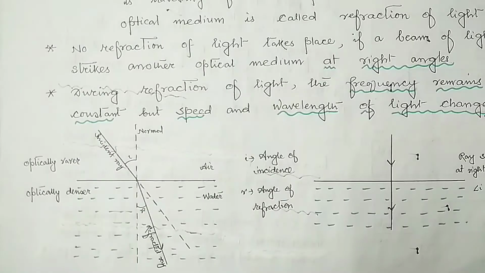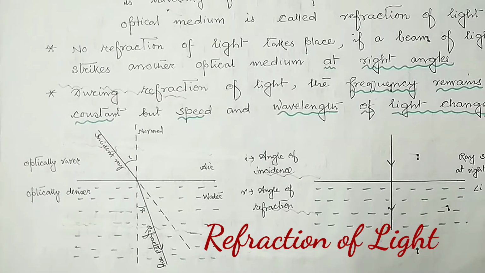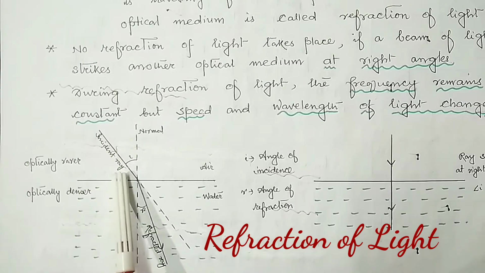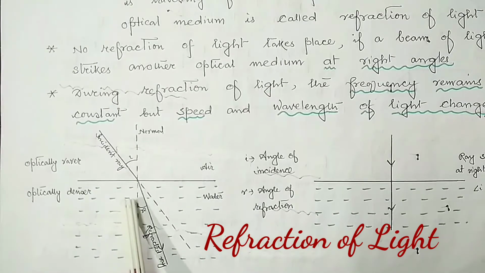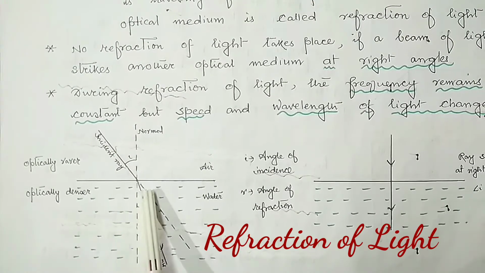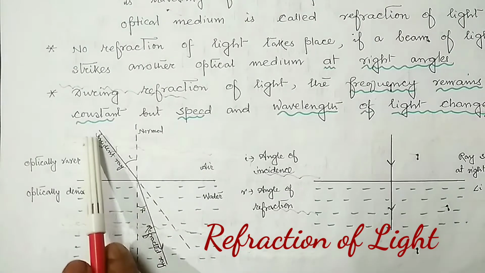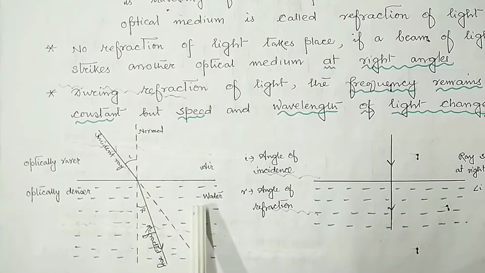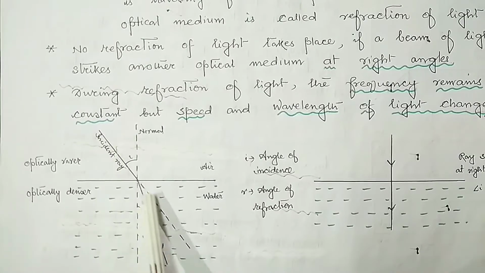Now what is refraction of light? Already I have given you a practical demonstration. Now you can see when a ray of light moves in one transparent medium and enters another transparent medium of different optical density, then it deviates from its path. You can see here this ray is moving in air. Once it enters water, it cannot move in the previous direction.